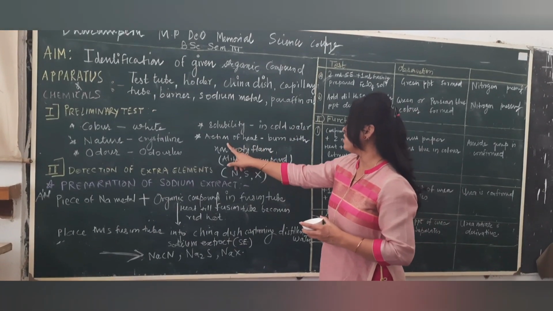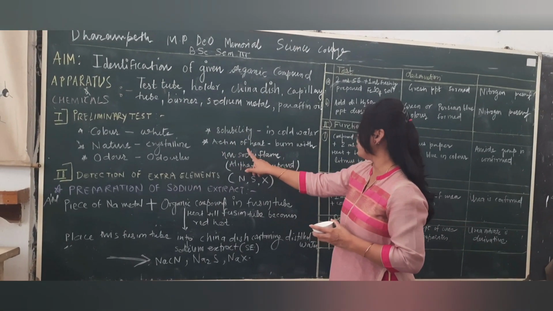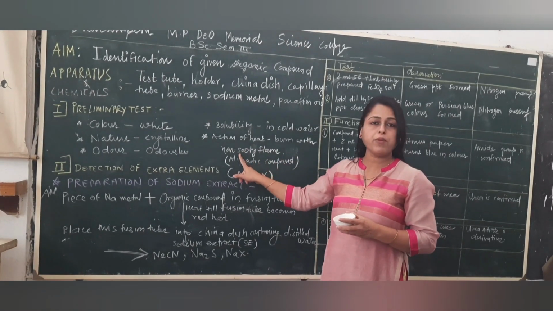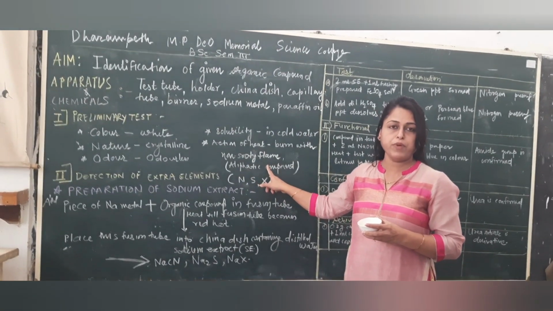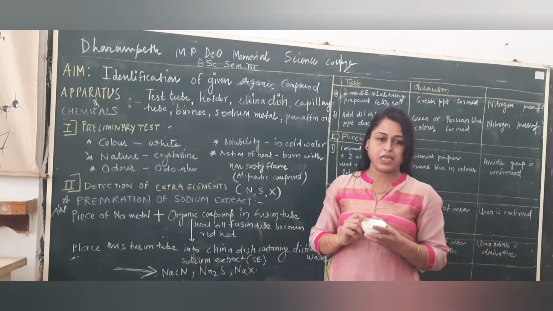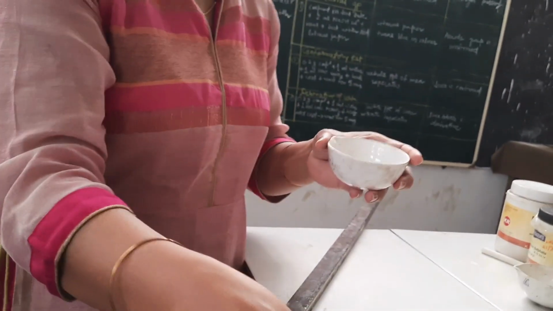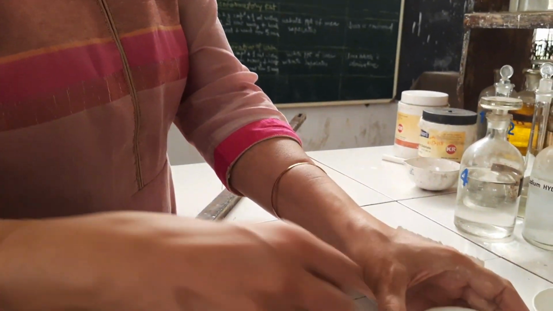The last preliminary test is action of heat, whether it burns with a sooty flame or a non-sooty flame. So I am going to perform this test on the table. Observe whether this compound burns with a sooty flame or non-sooty flame.